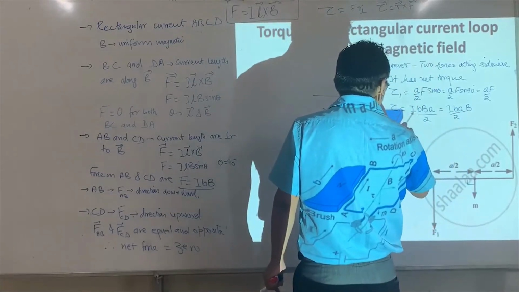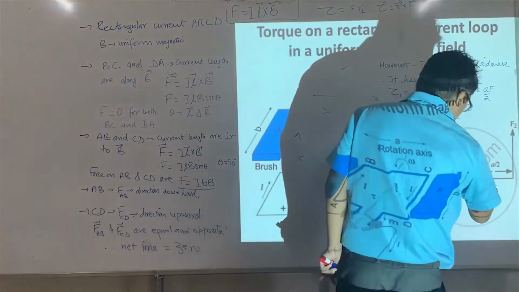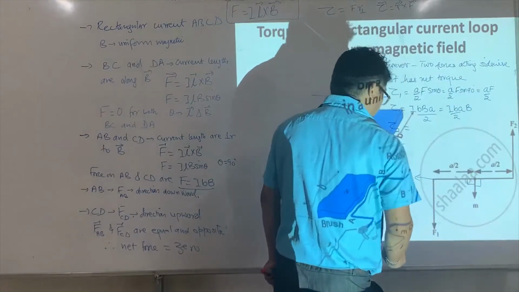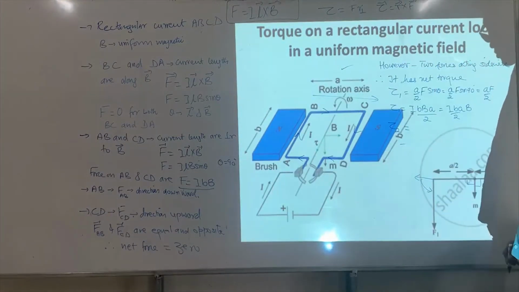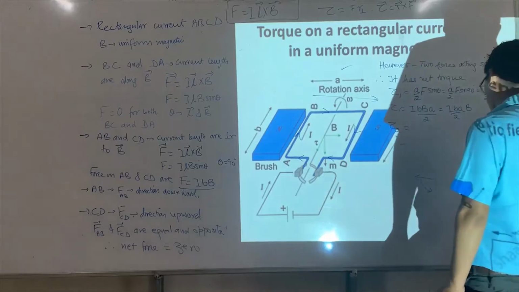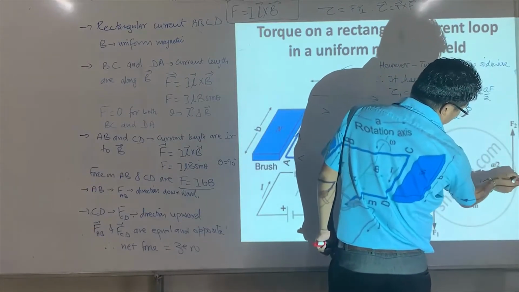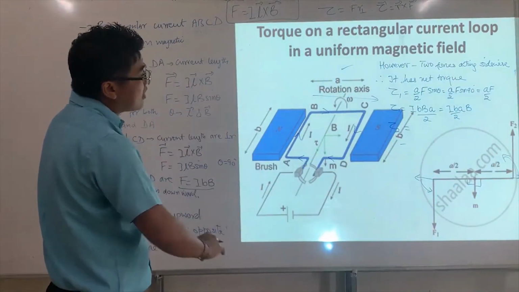Similarly, what about the second torque? Second torque is going to be this, right? Rotation is like this, R cross F. So this is how rotation is done, right?